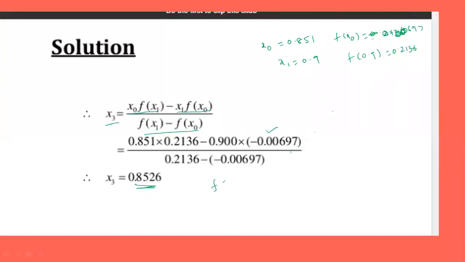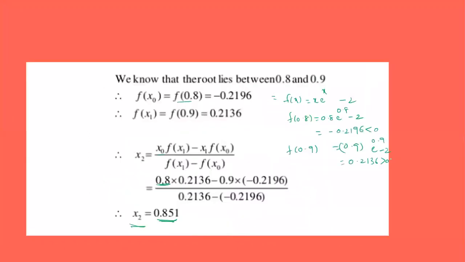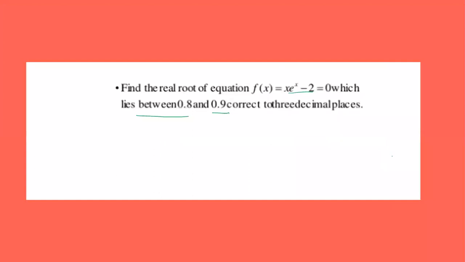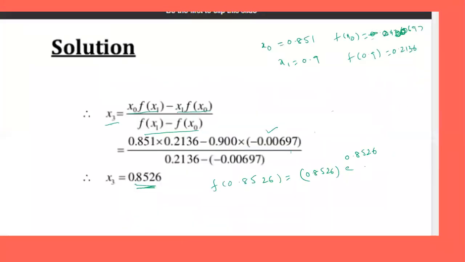Next, what you have to do? You have to find out f of 0.8526. This is nothing but 0.8526 into e power 0.8526 minus 2. So use the calculator. We will find out. Apply the e power x function. Here is the e power x function.